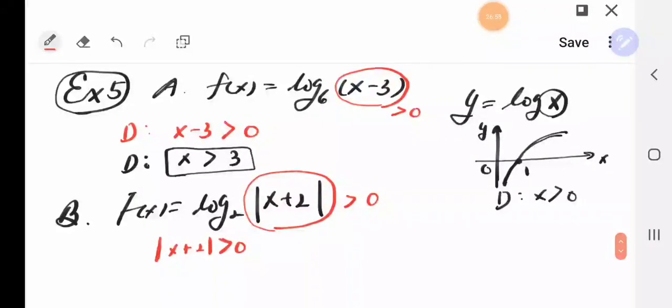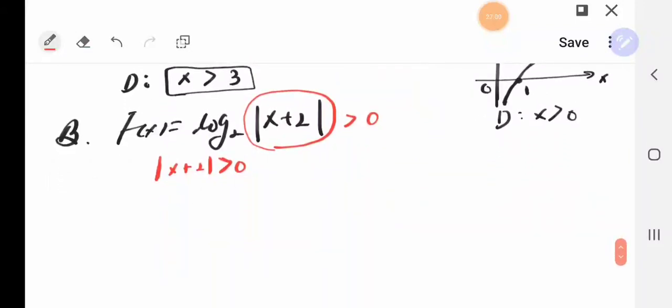Then when we solve this, how do you make this one 0? The absolute value of x plus 2 equal to 0 means this will be 0 when x equals 2 and negative 2. So from this condition, we want the absolute value to be greater than 0, so x is outside these numbers.